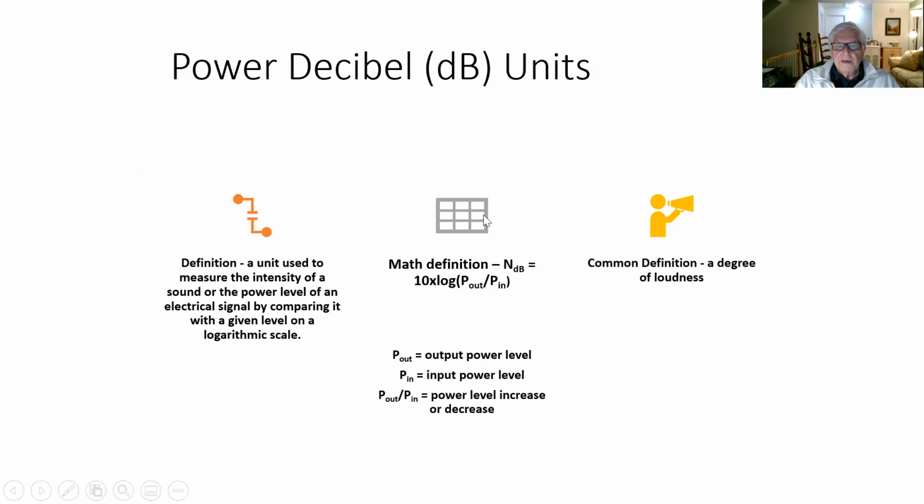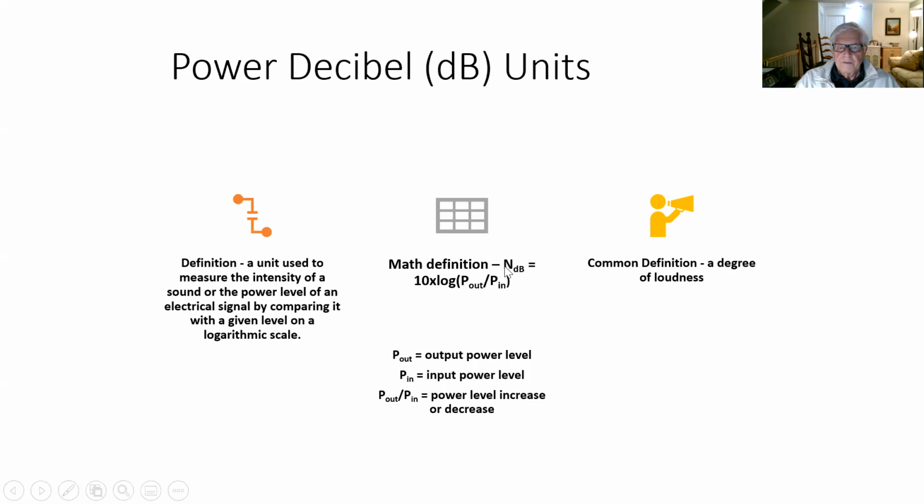So the math definition for a decibel is 10 times the logarithm of the ratio of the output power to the input power. If P out is higher than P in, then we've got a positive number.